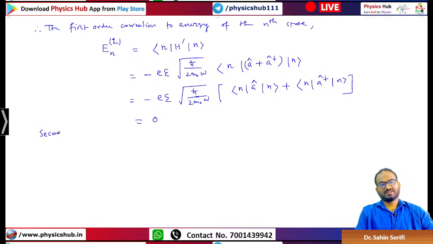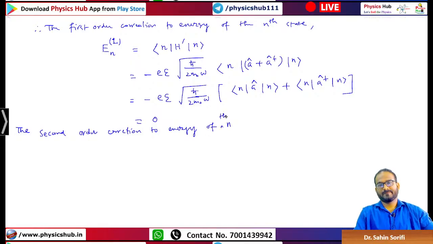Now the second order correction to energy of the nth state. Nth state correction to the second order.